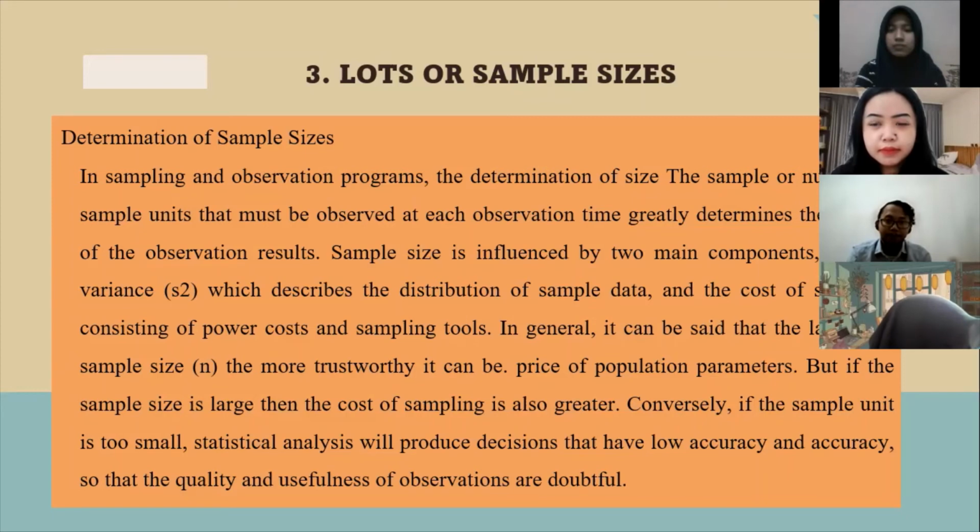In general, it can be said that the larger the sample size, the more trustworthy the price of population parameters, but if the sample size is large, then the cost of sample is also greater. Conversely, if the sample unit is too small, statistical analysis will produce decisions that have low accuracy, so that the quality and usefulness of observation are doubtful.